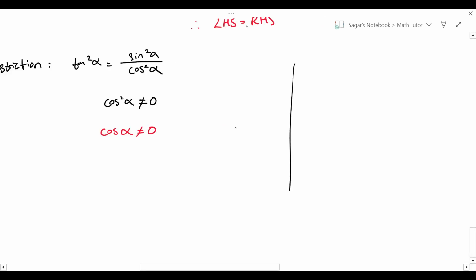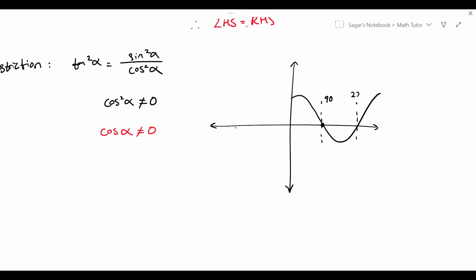Let us draw the Cartesian plane and sketch the cos graph. We see that cos alpha is 0 at 90 and at 270. So we can write alpha is not equal to 90 and 270.